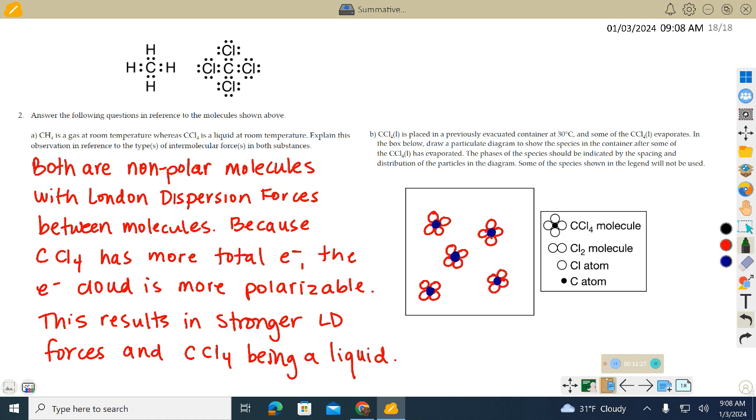So instead of them being kind of close to each other in the liquid phase, just show them spread out, maybe like occupying the entire container. But I do not need to break them down. Evaporation is a physical change, so it's the exact same carbon tetrachloride molecule. It's just that they're in the gas phase. They're more spread apart, maybe a little higher energy.